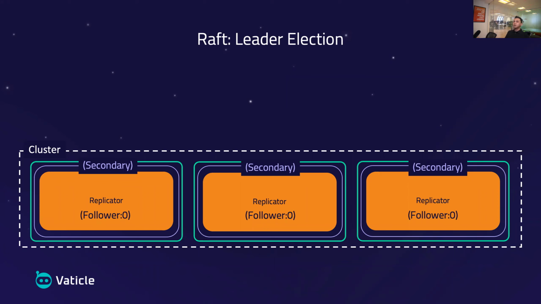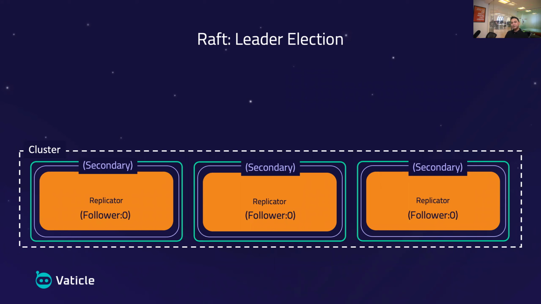The leader instance will be the primary replica, and the follower instances will be the secondary replicas. The leader election mechanism guarantees that there exists a single active leader at any given point in time. Notice that I didn't say a single leader, but rather a single active leader, because as I'll explain later, there will be scenarios where it's possible for the system to have several leaders all at once.